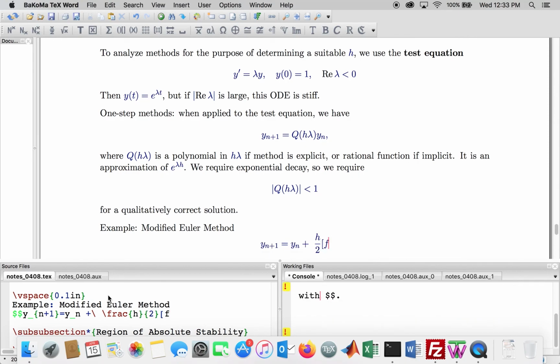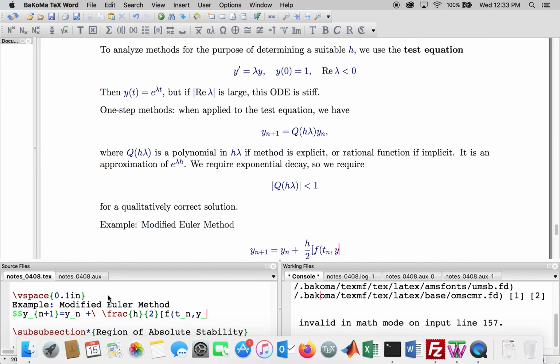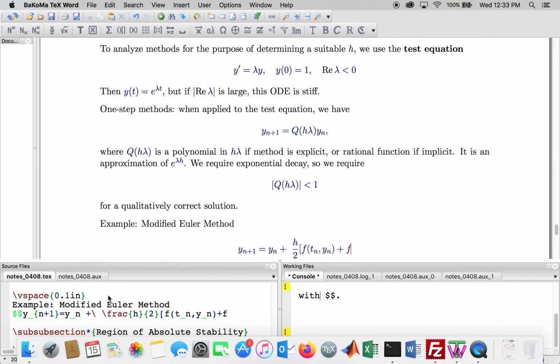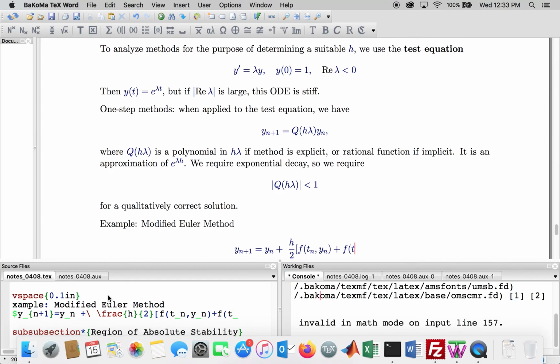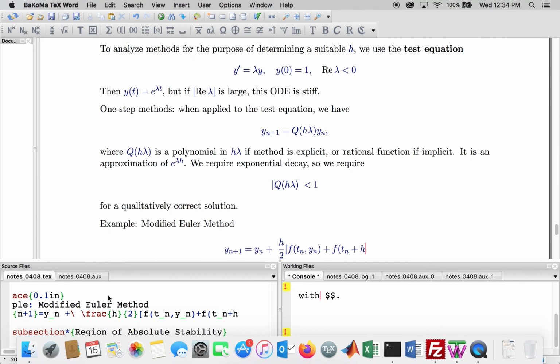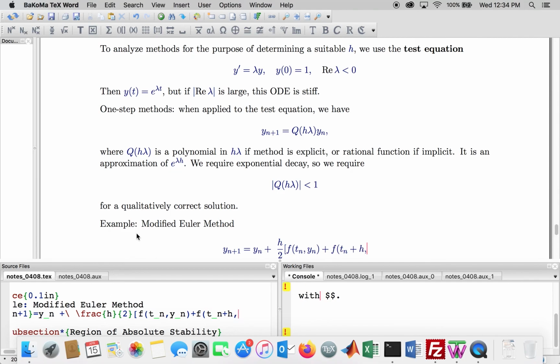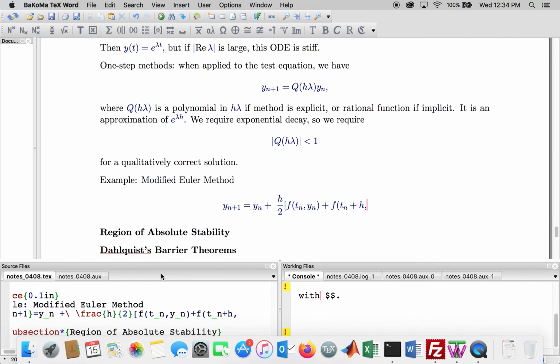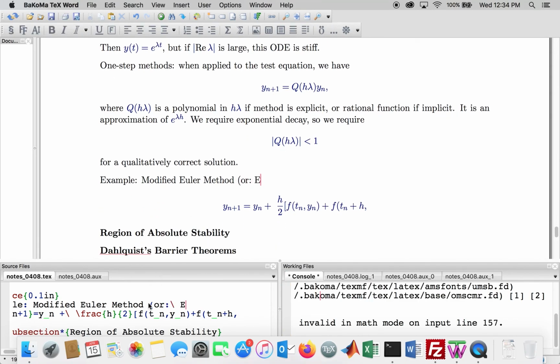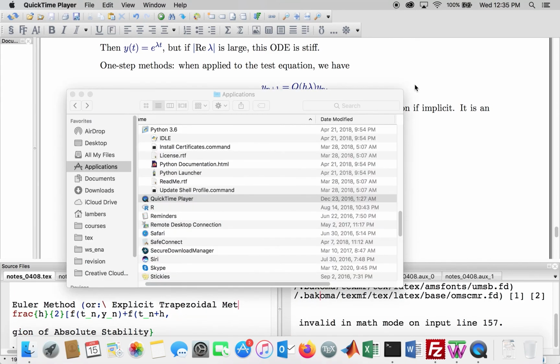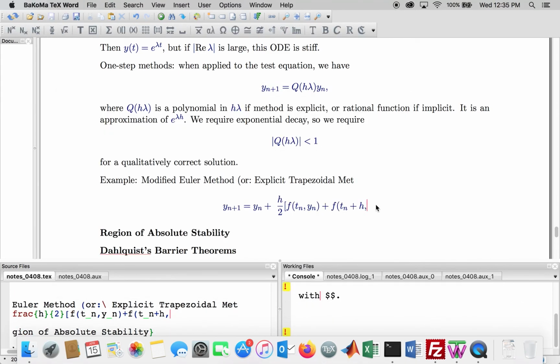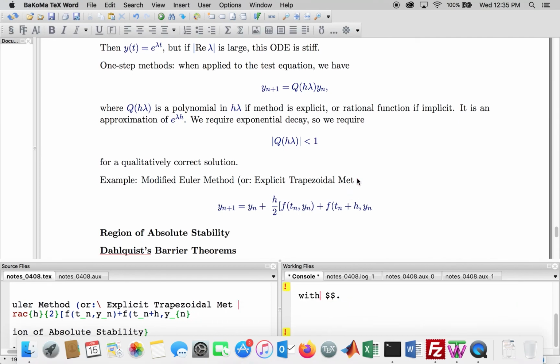So that'd be f of t n, y n plus f of... actually, you know what, I have brought up this method before. I refer to it by a different name, the explicit trapezoidal method.